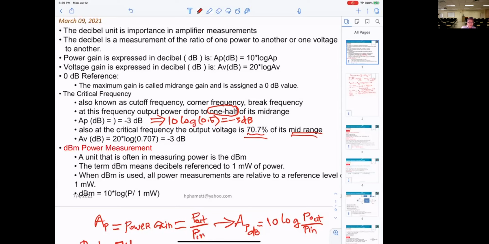That means it drops to 7.07 volts. And if you calculate AV in dB for 0.707, you also get minus 3 dB.